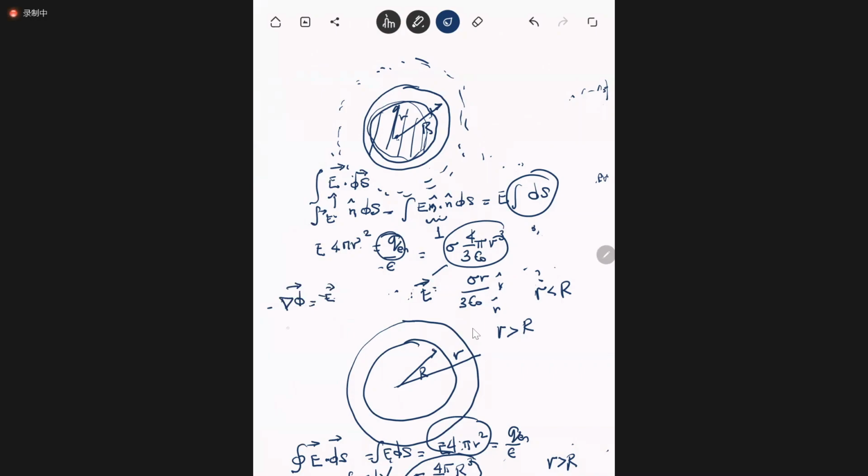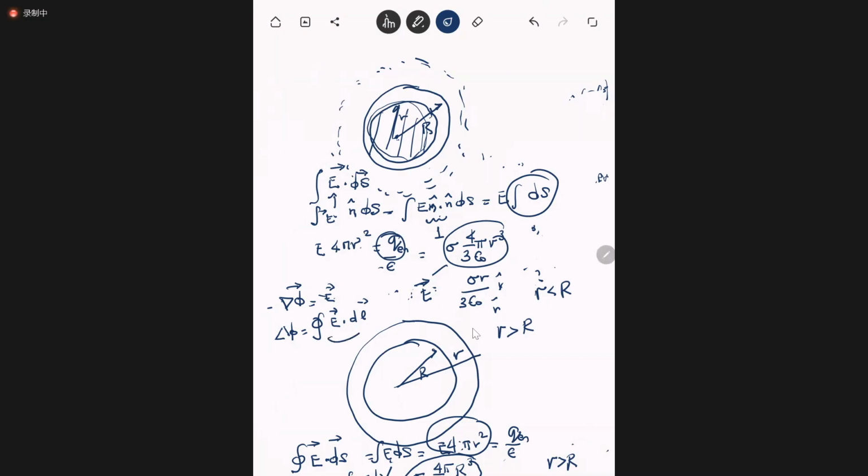Now, this one can be written actually as delta phi is going to be the integral of E times dL. So you can write it both ways, and that's perfectly fine. And again, keep in mind this dL, in that particular case, we take in the direction which goes from the center of the sphere outwards, so it will be in the same direction as E.